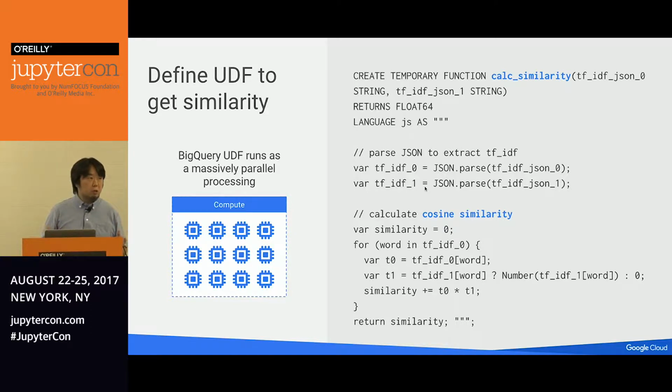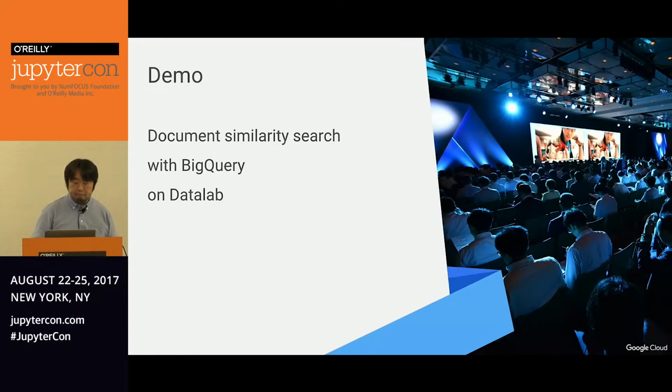Because, as I mentioned, BigQuery will be running on 1,000 to 2,000 GPU cores. The JavaScript code you'll be running with UDF will also be running with the 1,000 or 2,000 GPU cores. That is the one with the largest scale information processing system you can access. And everything can be finished within tens of seconds, not tens of minutes.